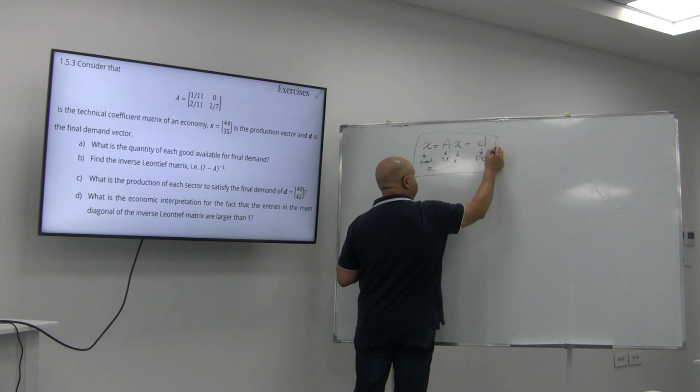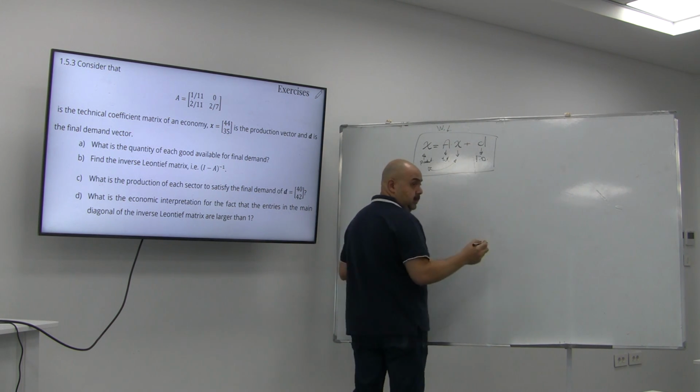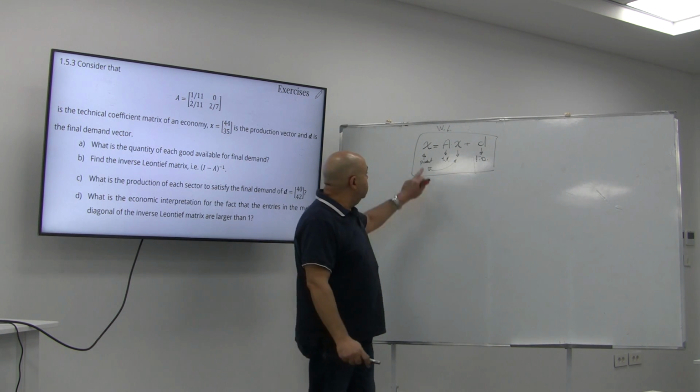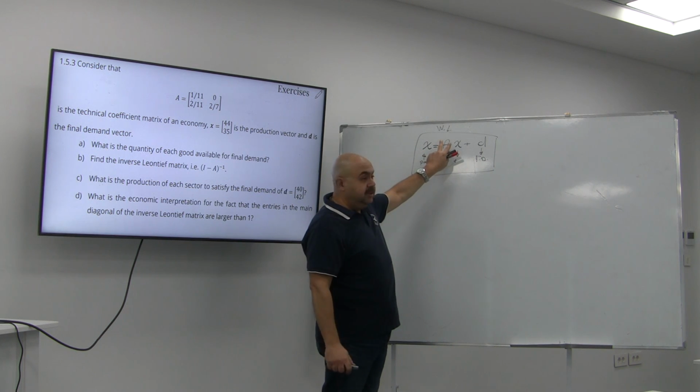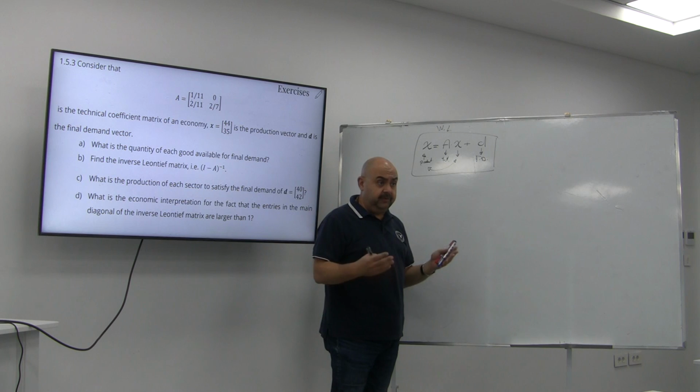This is the forward Leontief model, which governs production, intermediate demand, and the final demand for each and every one of these sectors.